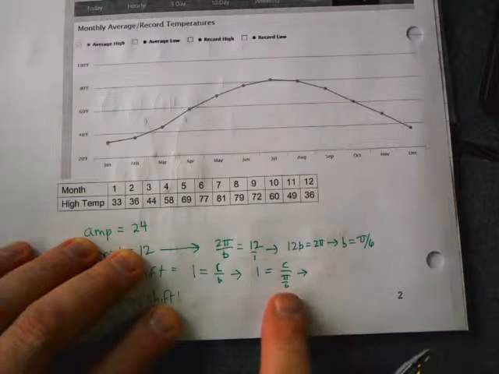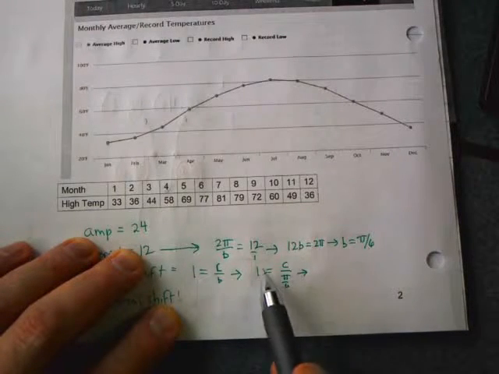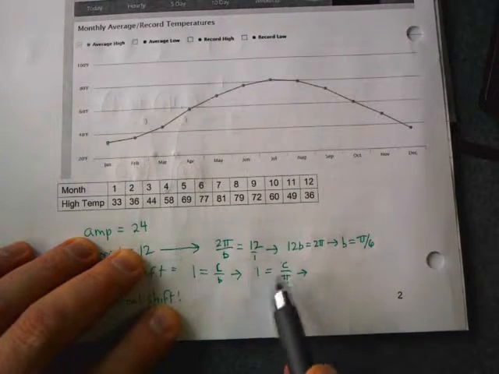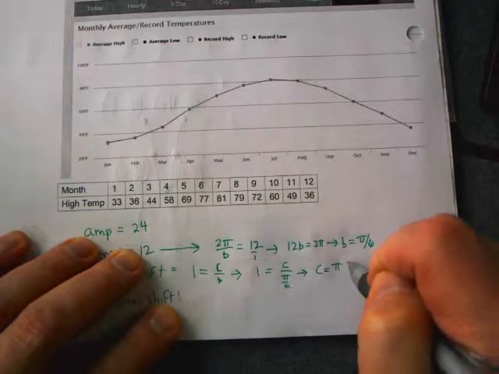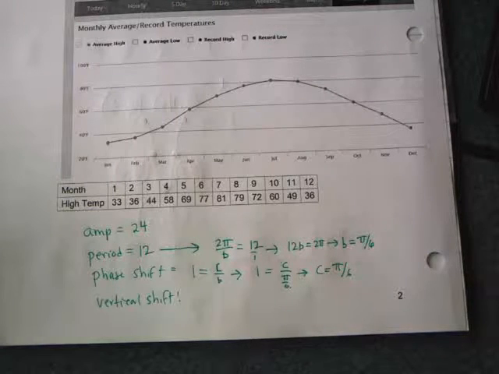Well, how would I get C all by itself? Cross multiply. What's 1 times pi over 6? And what's C times 1? C is pi over 6. All right, we're almost there.